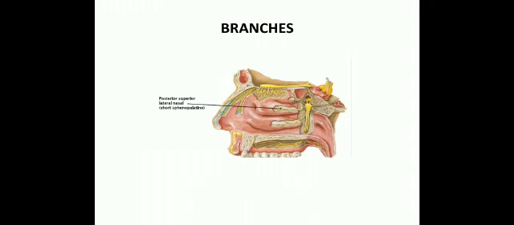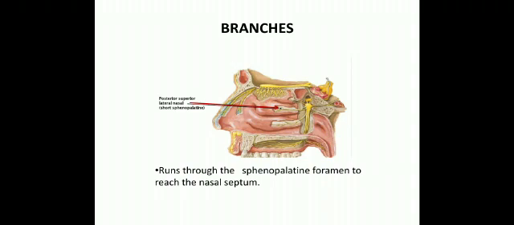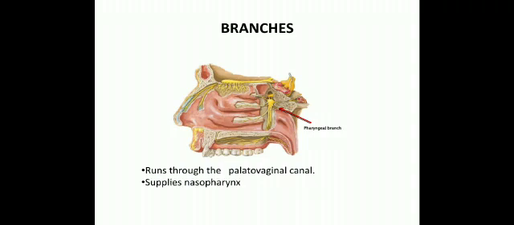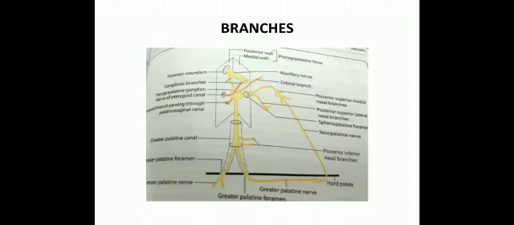The posterior superior lateral nasal, also known as the short sphenopalatine, runs through the sphenopalatine foramen and supplies the upper posterior part of the lateral wall of the nose. The pharyngeal branch runs through the palatovaginal canal and supplies the nasopharynx.